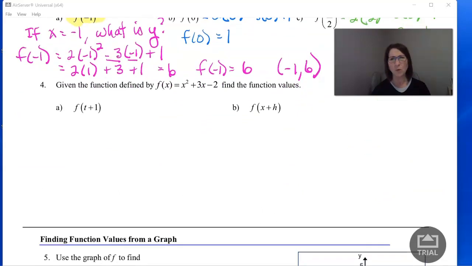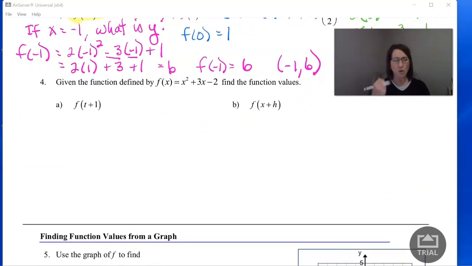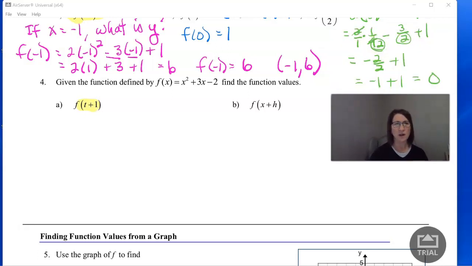Well, what happens now when I have an expression instead of just an integer? Not a problem. All we're going to do is substitute in just like we were doing before. And so this is simply going to be f of t plus 1.